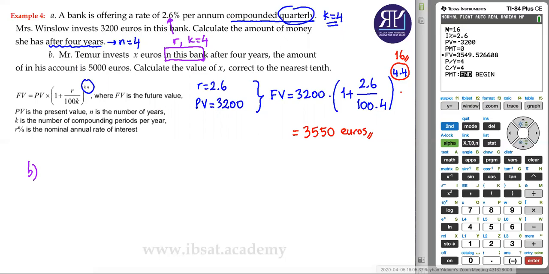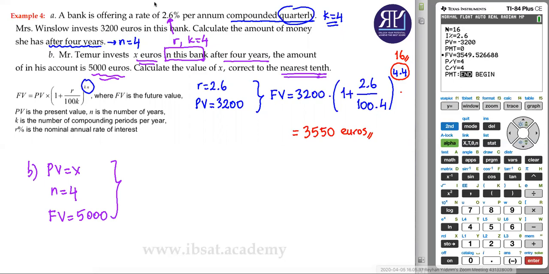This time Mr. Temur invests some money, X euros, which means the present value is X. After 4 years, the amount in his account is 5,000 euros. So the future value we know this time: 5,000 euros. Calculate the value of X, correct to the nearest tenth. We will round after finding the result.